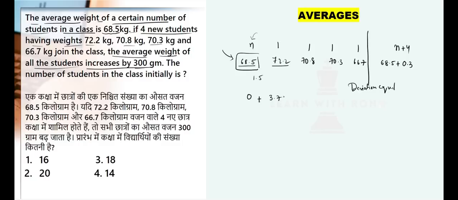So we will get 3.7 and here 70.8 minus 68.5, 1.5 plus 0.8, which is again 2.3 plus 70.3 minus 68.5, 1.5 plus 0.3 plus 1.8 plus 66.7 minus 68.5 means which is minus 1.8. Here LHS deviation is this one, RHS 68.5 plus 0.3 minus 68.5. So we get 0.3 deviation.